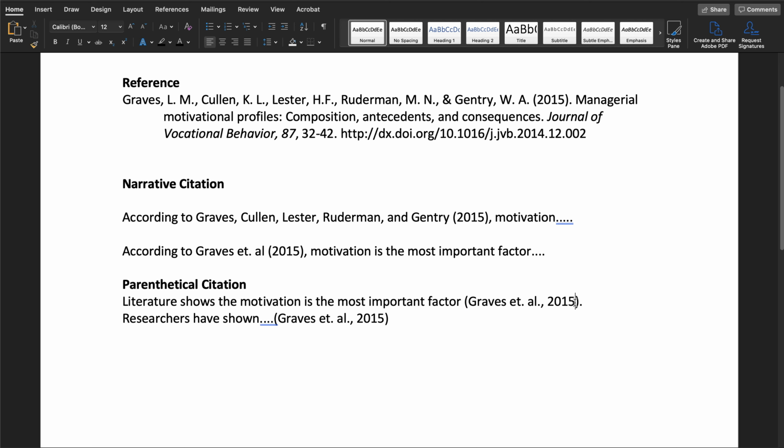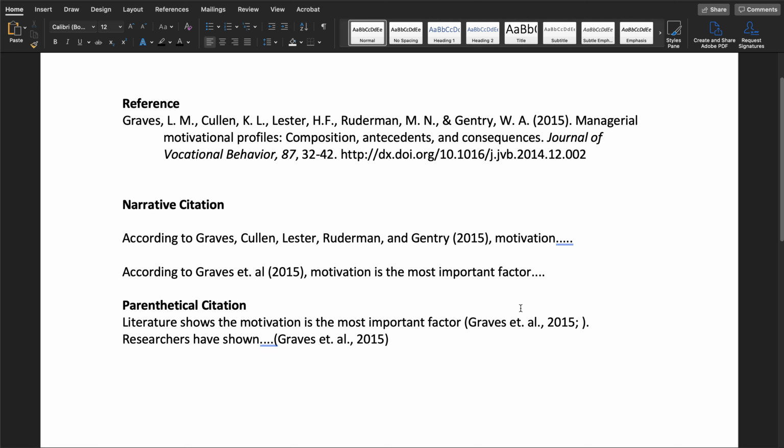If you had another research article, because remember, you're saying literature shows, so I would assume that you have found this claim more than once, right? So you would add this punctuation right there, that semicolon, and go ahead and introduce the next article that will back up this claim.